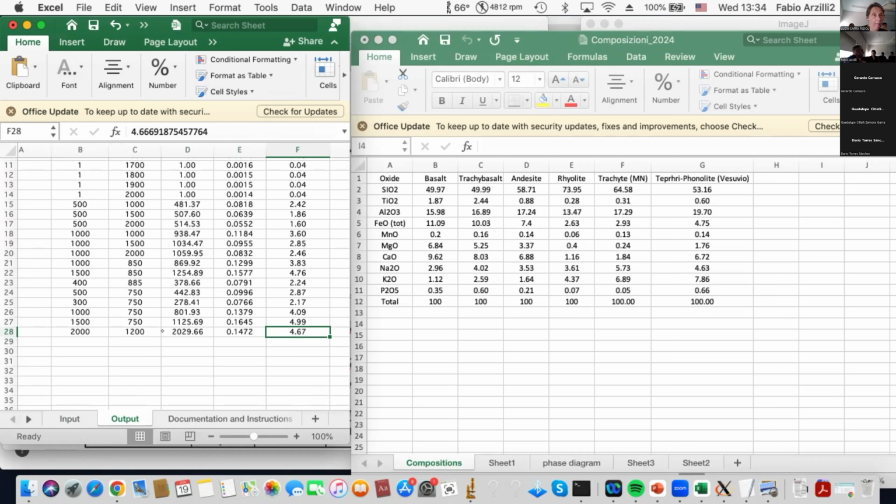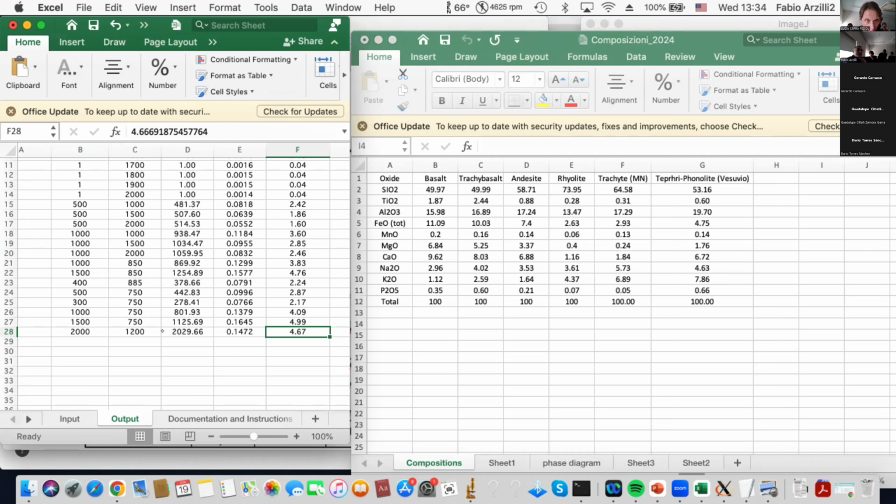Are you Rafael? Does it work? With the basalt, yes.